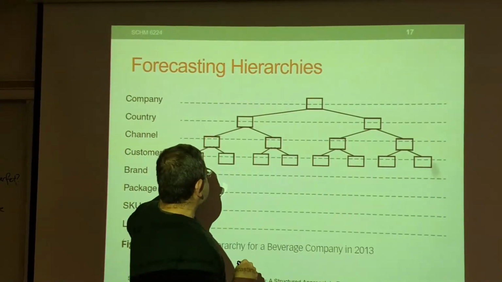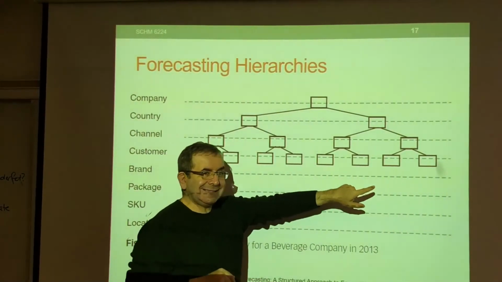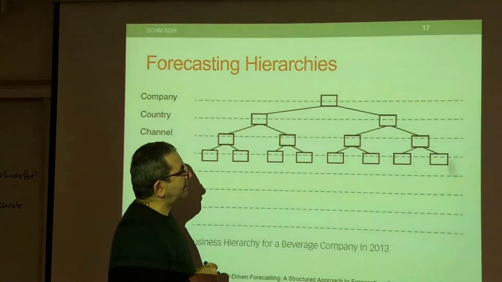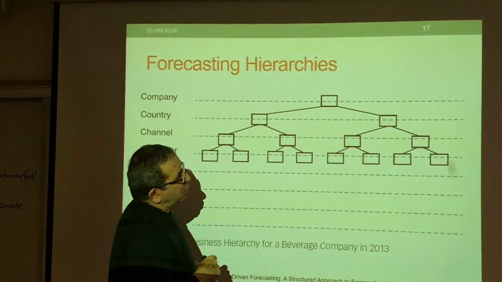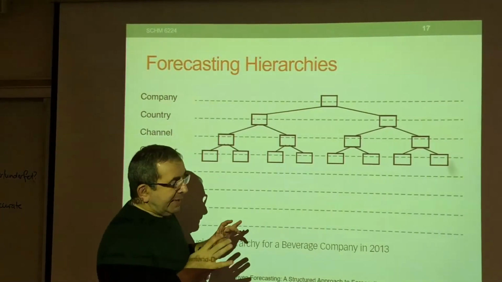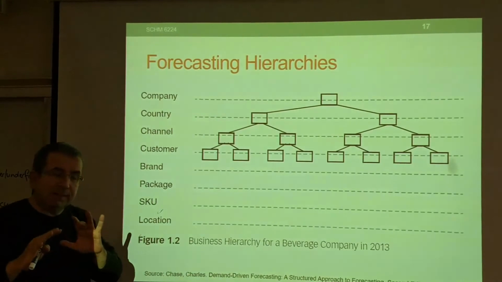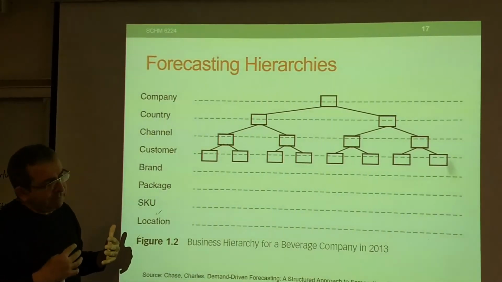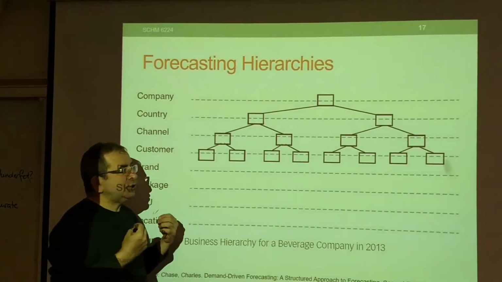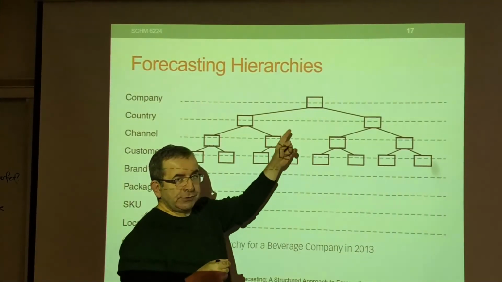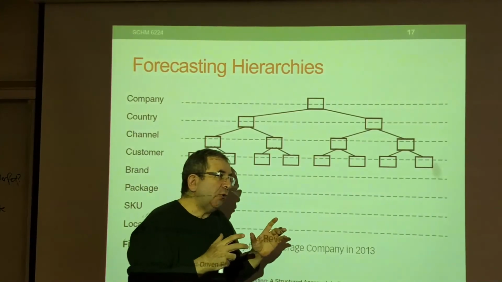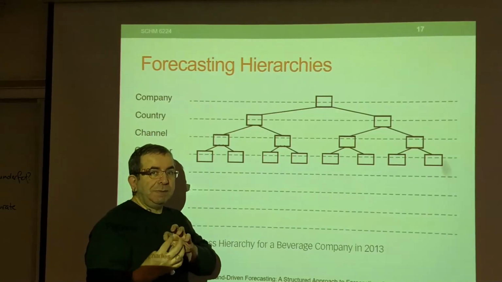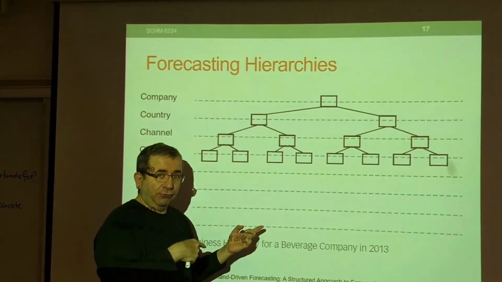Or should you generate forecasts for each SKU and then aggregate the forecasts? So this has many trade-offs. It depends on the company. But the main point is you need to understand the trade-offs. So when you forecast, you need to think about what decisions will be made based on your forecast.